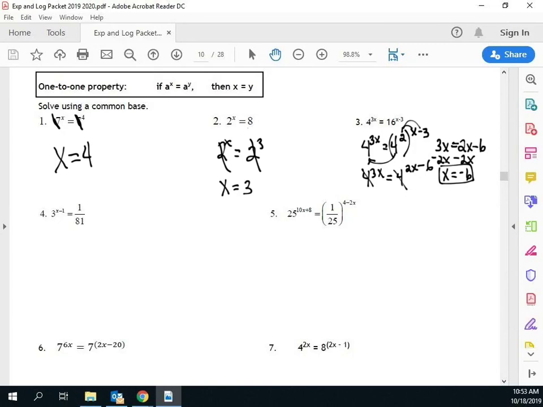What is -6 minus 3? And we realize that 16 can be rewritten as what? 4 squared. What's 2 times -9? Matches. It equals each other, right? You could have plugged that in right there if you wanted to do that instead. You had a choice.